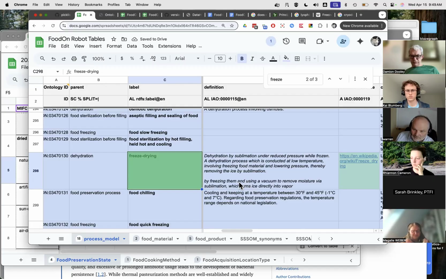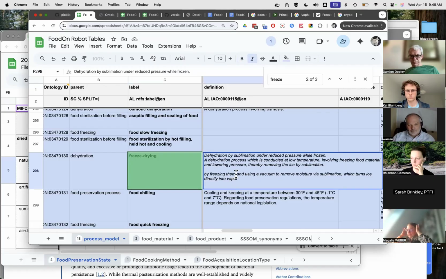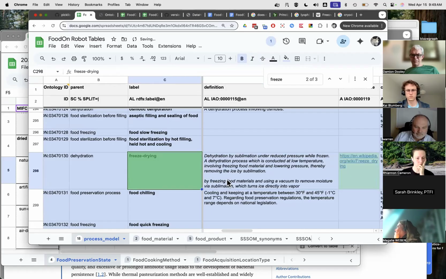Let's compare this with the one that says by freezing food materials, which turns extract into vapor. Another one says freezing food material and lowering pressure, thereby removing the ice by sublimation. This is simpler language, but it does mention sublimation.